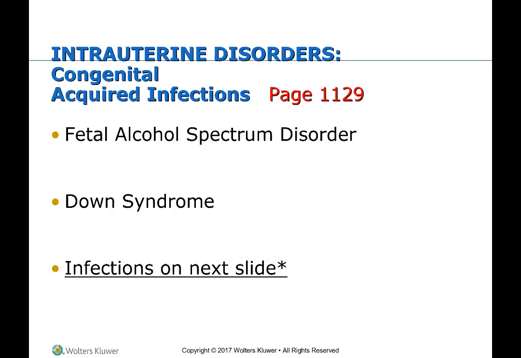So when we do talk about acquired disorders, something that the newborn or the fetus acquires, we could think of the mother taking perhaps medications, prescription or otherwise, or using drugs, alcohol, whatever they are taking, it has caused problems with the fetus growing in the uterus.